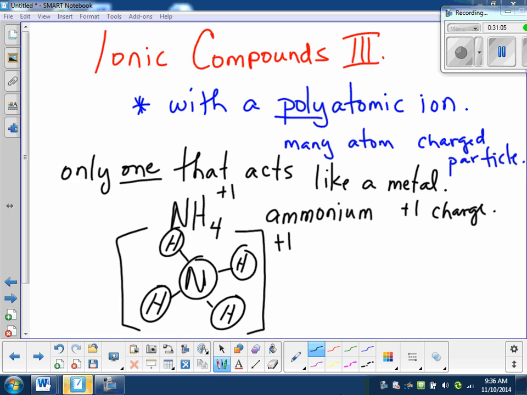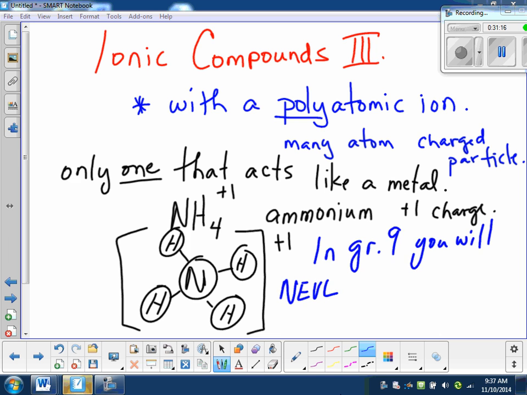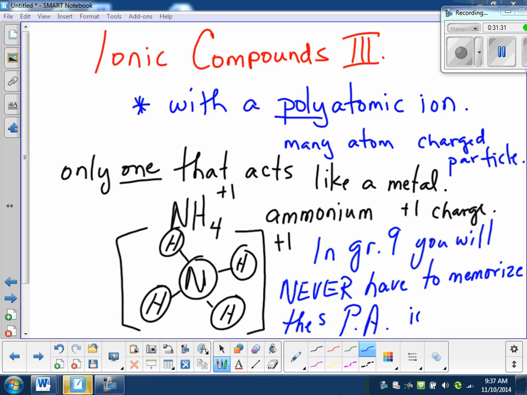You will always, in grade 9, you will never have to memorize these polyatomic ions.